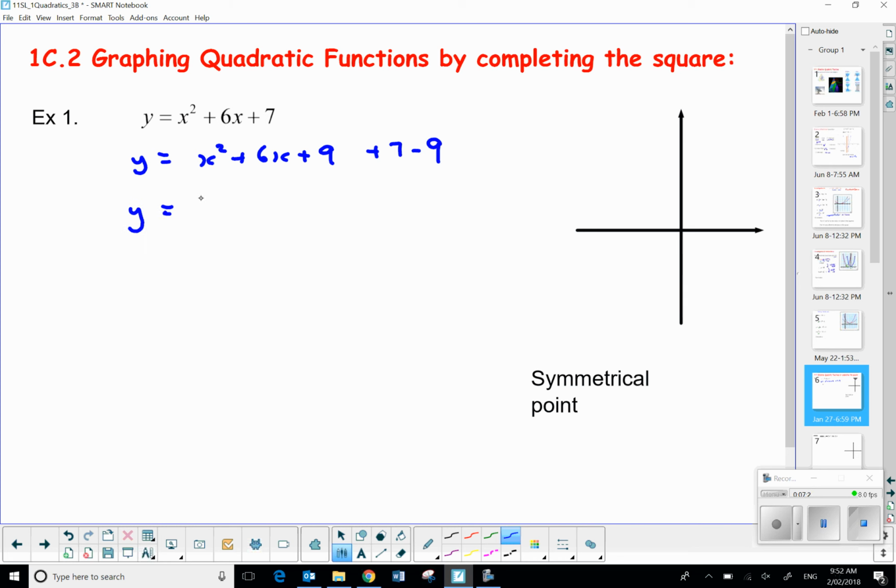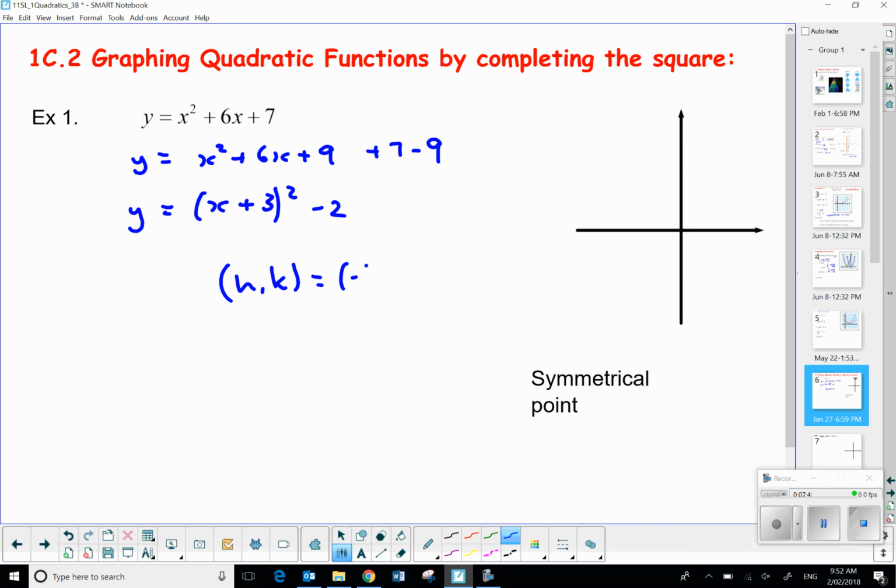So this is the same as y equals x plus 3 squared, since half the plus 6 was plus 3, plus 7 minus 9 is minus 2. So now we can see that our vertex (h, k) is at minus 3, minus 2, because remember it was x minus h.